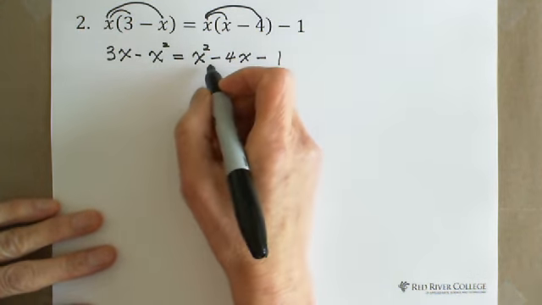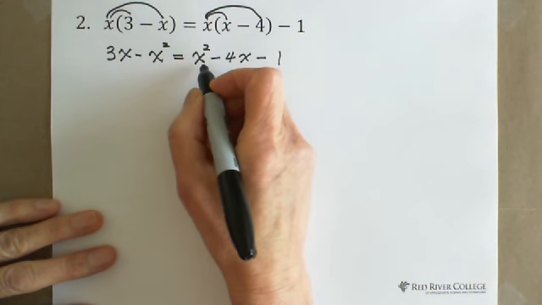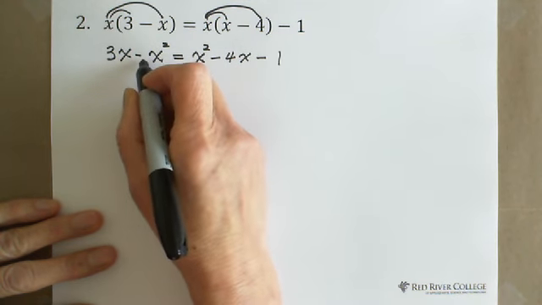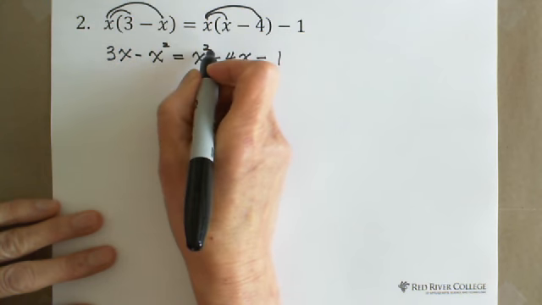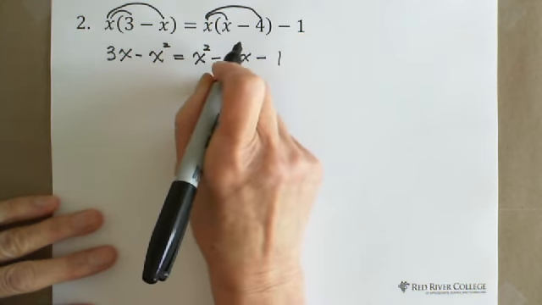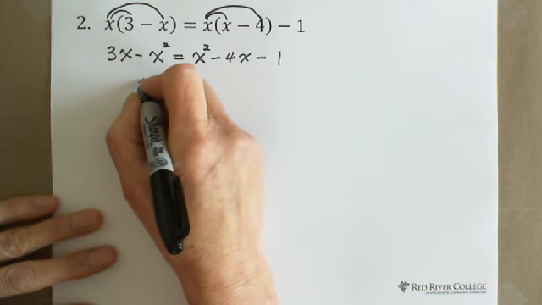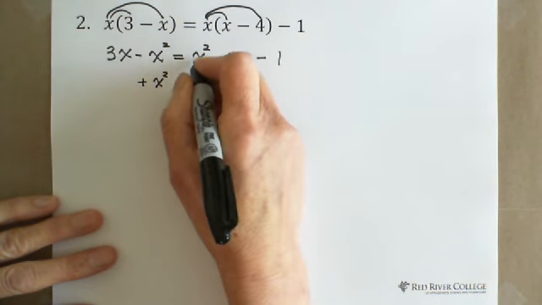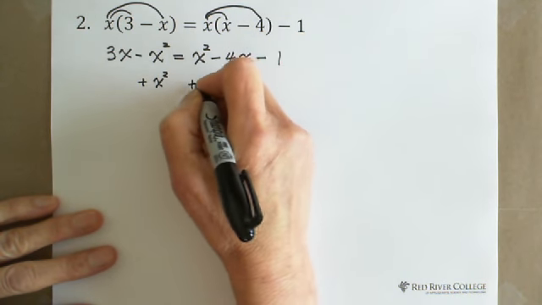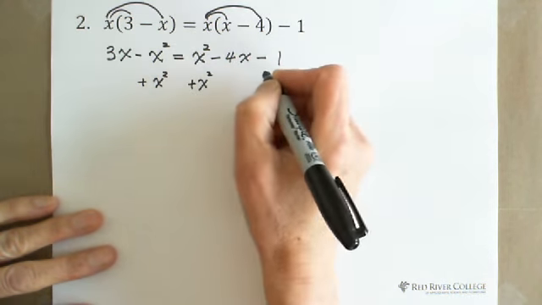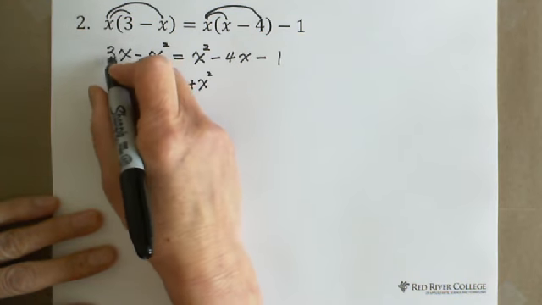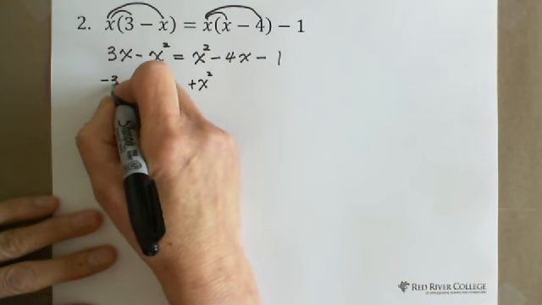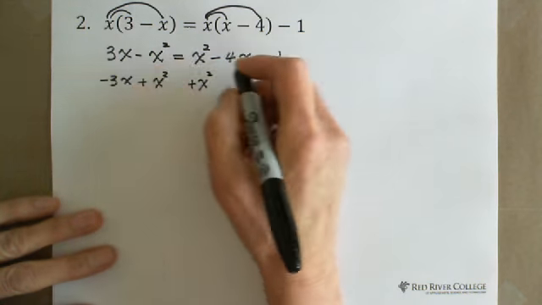My idea is to move everything to the right side, so the x squared stays positive. I add x squared to cancel this one, and also add x squared on the other side, right? For 3x, I use the opposite sign, minus 3x, so that they cancel out.